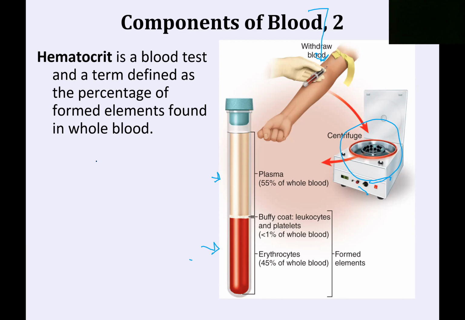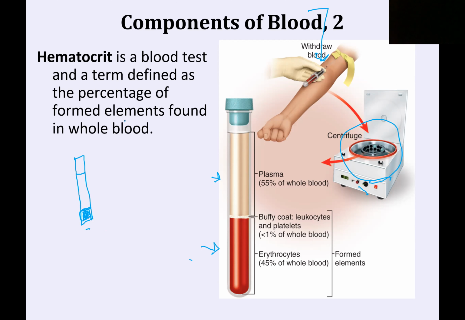With the plasma and the formed elements, if we take a look at a sample and you have a small amount of formed elements and a large amount of plasma, that means there's not much material, there's not oxygen being transported, there's not a lot of immune activities going on, there's not a lot of coagulation that can take place.